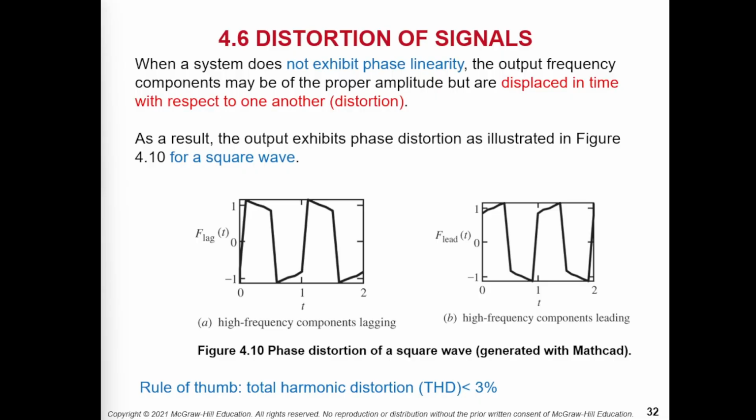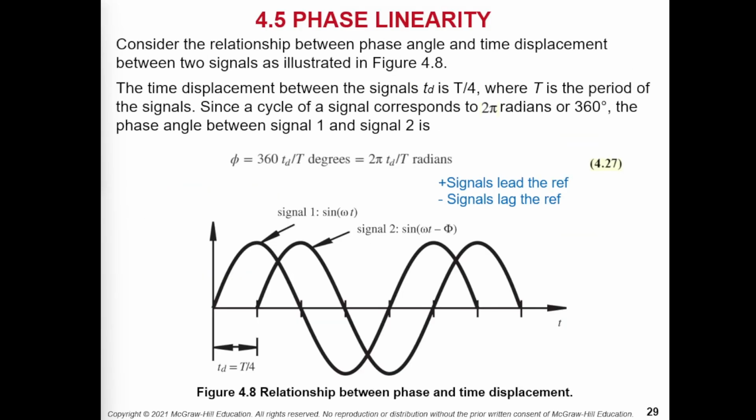If there is some phase difference between the high frequency and low frequency, the curve will look a little bit tilted compared to the previous one. For example, at this corner, it moves to the right side, and by definition, when the signal lags the reference, it moves to the right side, like this one, right?